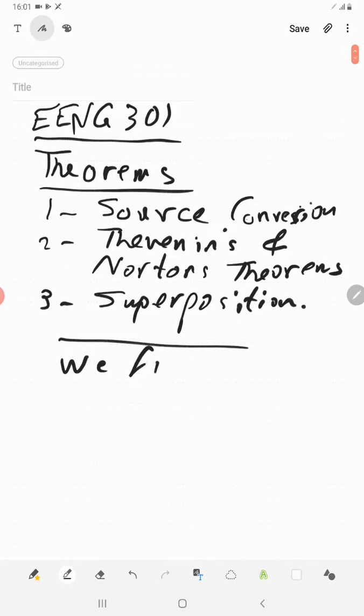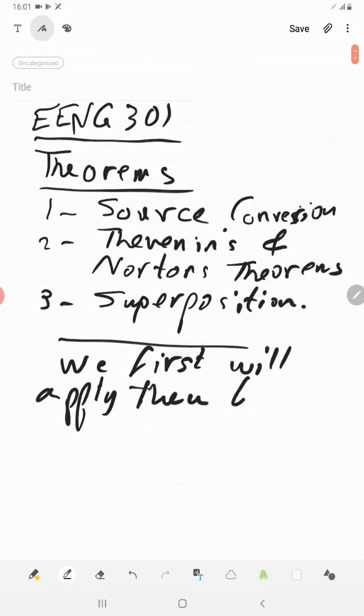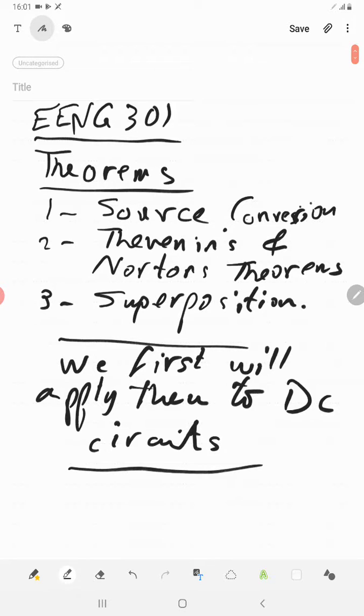We will first apply them to DC circuits, and then later on we'll apply the same theorems for the AC circuits.